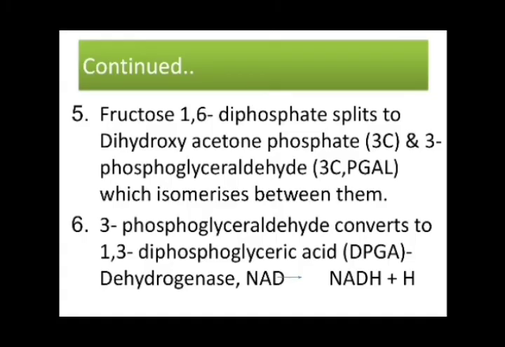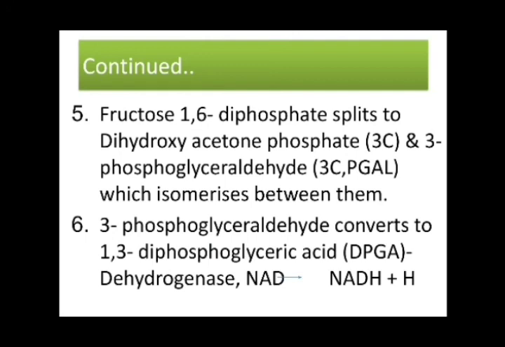In the next step, the fructose 1,6-diphosphate splits into two molecules having three carbon atoms, which are dihydroxyacetone phosphate and 3-phosphoglyceraldehyde, which can be isomerized between them.